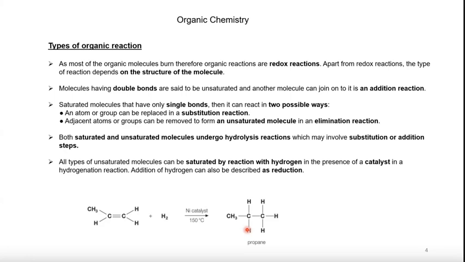Let's say when we are on alcohols or organic acids, or homologous series like alkenes, we will see that there are many different types of reactions. These different types of reactions come up while we study each individual group of compounds.